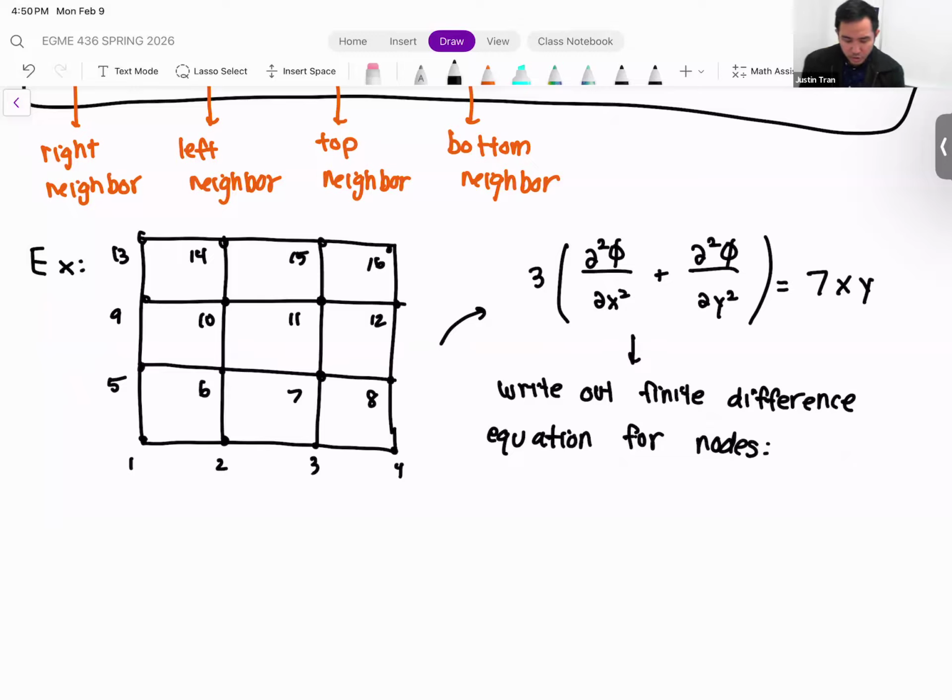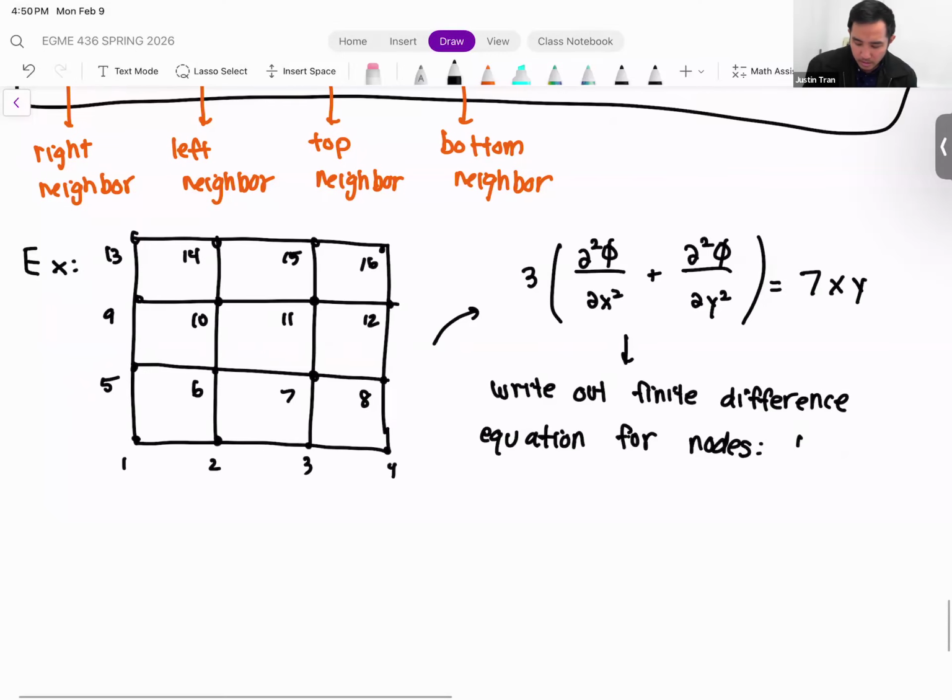I'm just going to pick 2 of these as an example. Let's pick node 6 and let's pick node 11. You thought I was going to say 7. Okay, so let's do the finite difference equation for node 6.